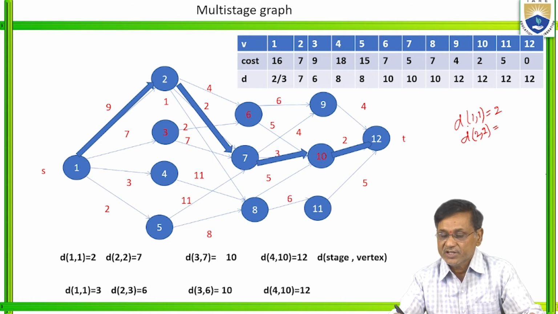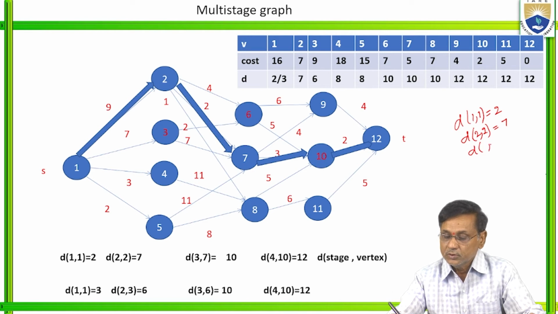We are going from first vertex to second vertex. Now, from the second vertex where we have to go? We have to go to vertex 7. Then from the seventh vertex where to go? So, now we have to find out.